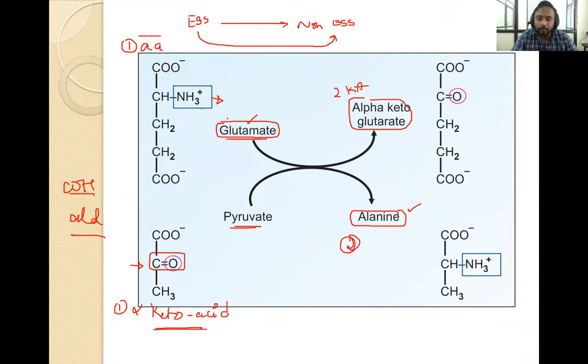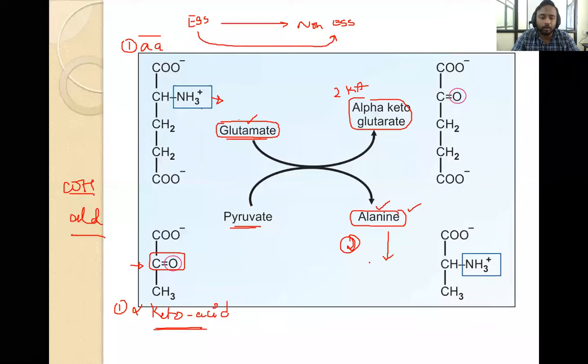In the body, the glutamate can be converted to alanine. So alanine is supplied to the body by its own respective reactions. That is the reason why some of the amino acids are called non-essential, because they can be synthesized in the body from the essential amino acids which you are taking in diet. These essential amino acids can be converted to non-essential amino acids by one of these reactions, that is the transamination reactions.